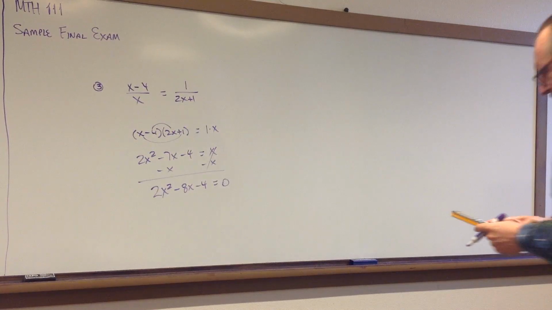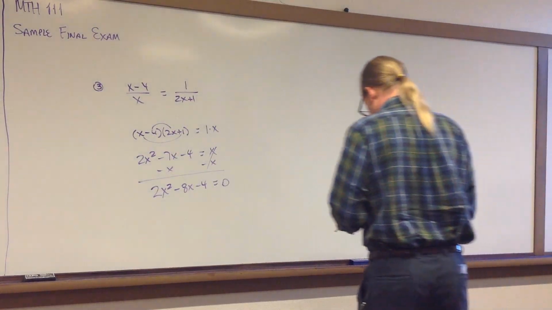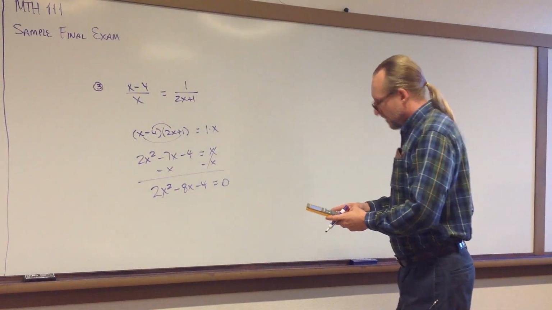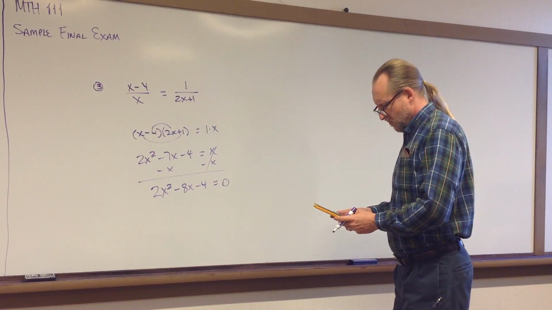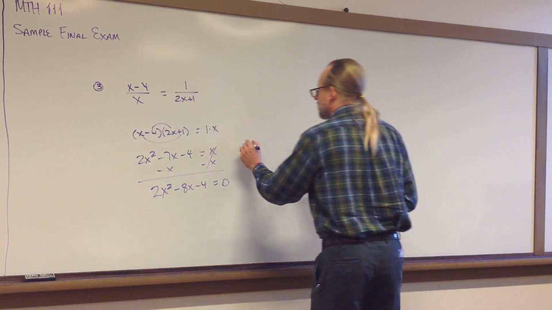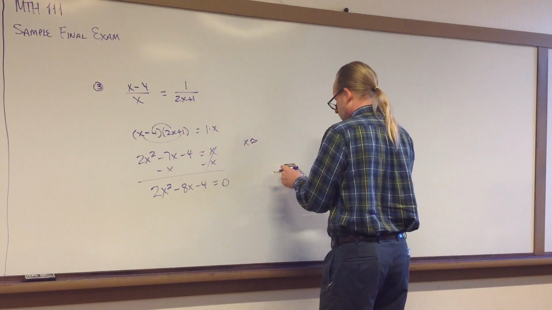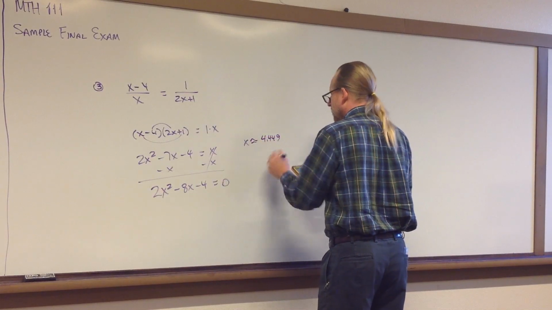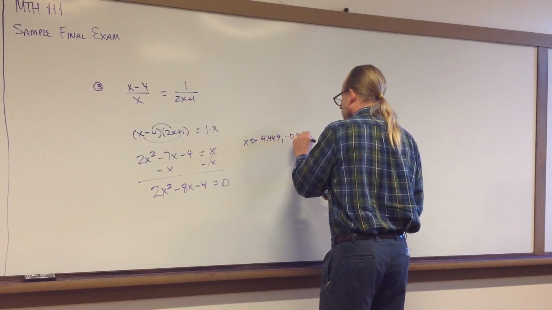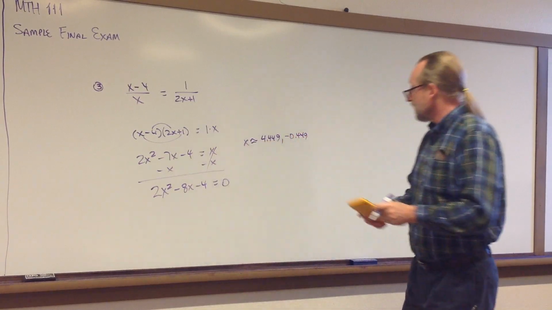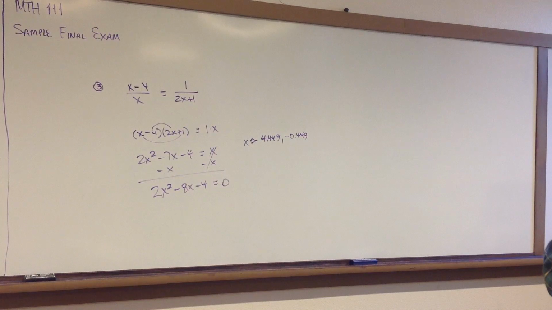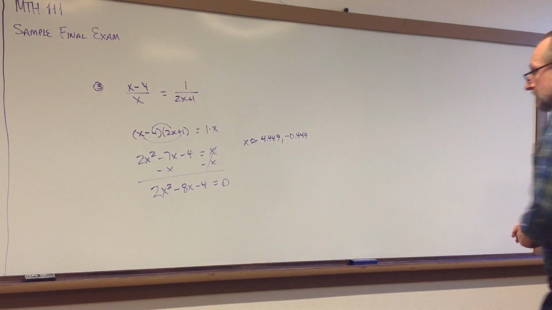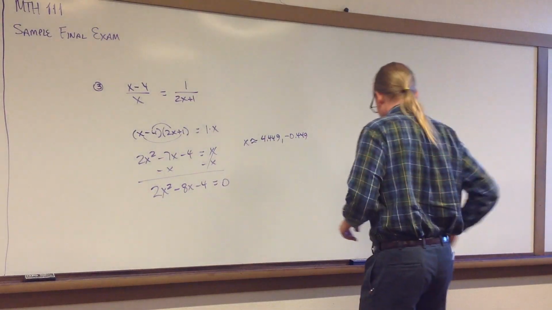And let's see, if we run this through the quadratic formula, what do we get? We get x is approximately 4.449 or negative 0.449. Okay, that's problem 3.